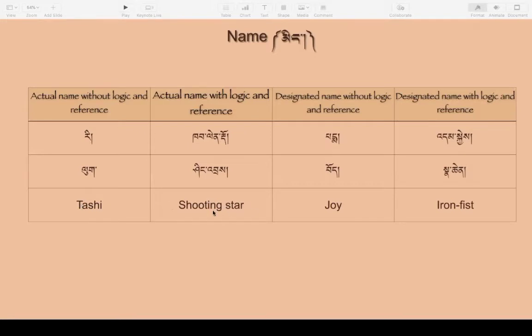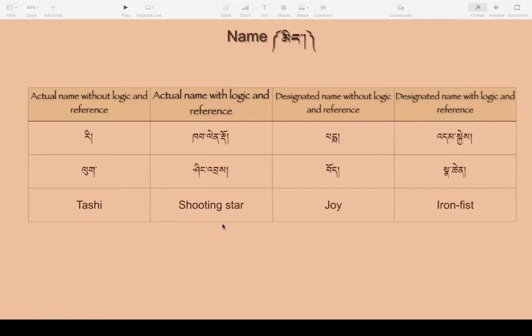Then we have English names such as shooting star. It's like the comets when they fly through the sky, they make a trajectory which looks like a bullet which has been shot from a gun. So therefore, shooting star.